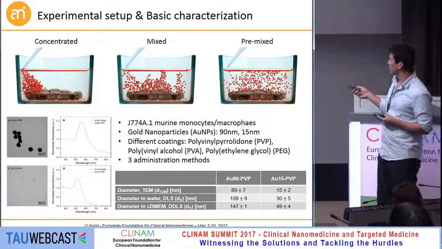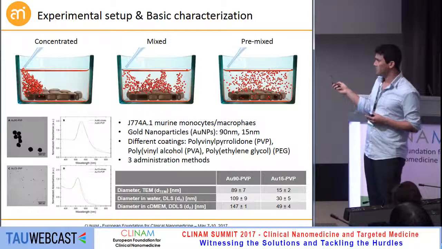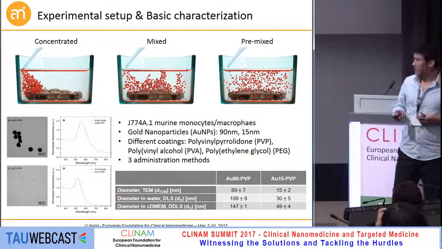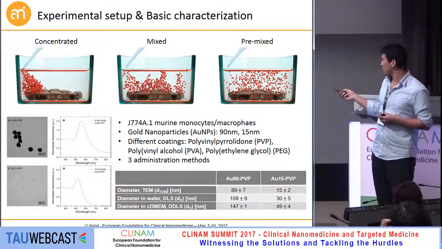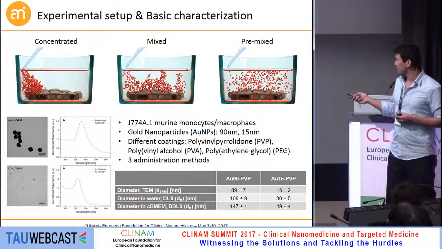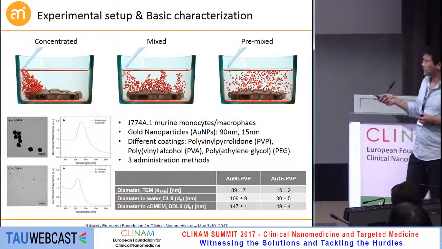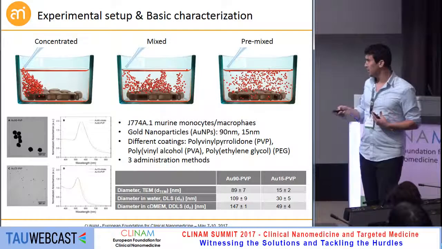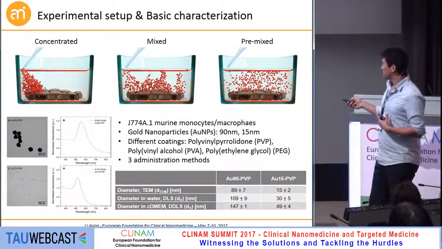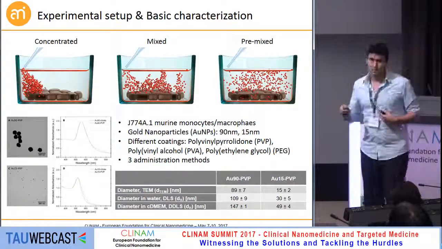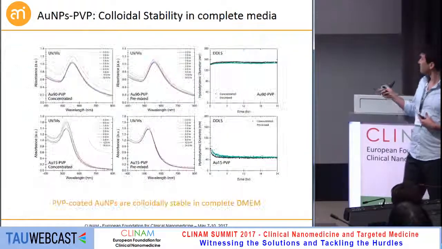We looked at 3 different coatings, but I'm only going to talk about PVP for this talk, and then did some standard characterization. We looked at the particles through TEM. We used UV-Vis to characterize their stability in media, and we also used dynamic light scattering, but also depolarized dynamic light scattering.